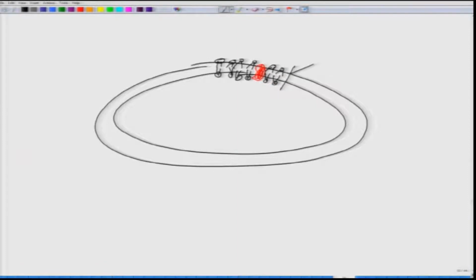So this is your lipid bilayer, these are the membrane proteins, which are embedded in these structures.